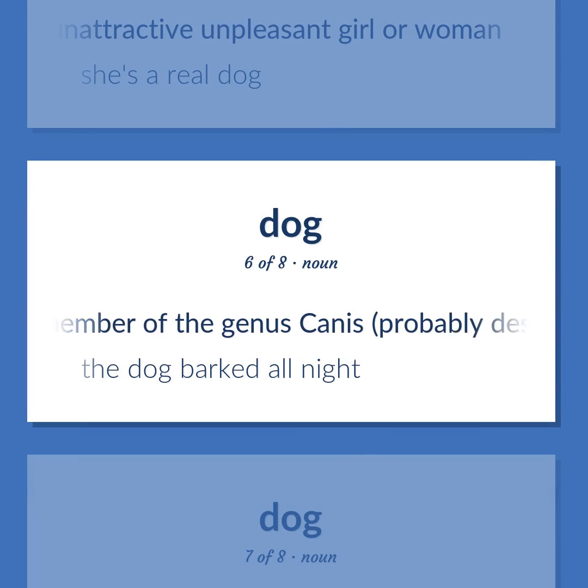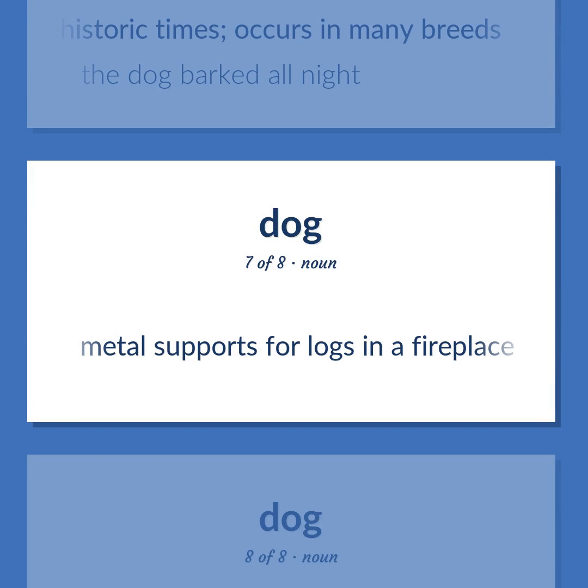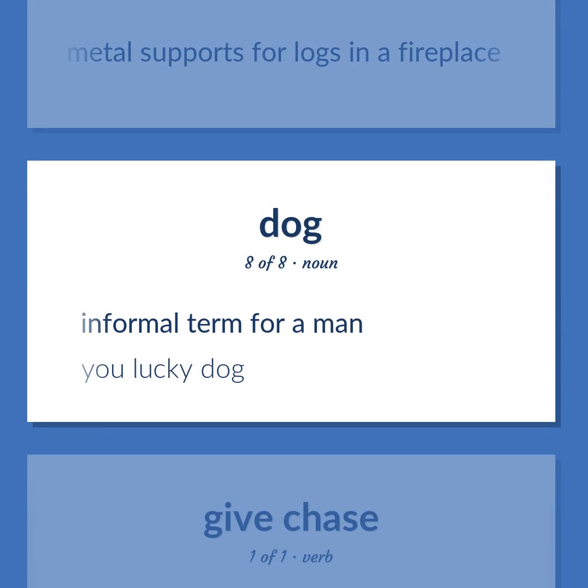A member of the genus Canis, probably descended from the common wolf, that has been domesticated by man since prehistoric times, occurs in many breeds. The dog barked all night. Metal supports for logs in a fireplace. Informal term for a man. You lucky dog.